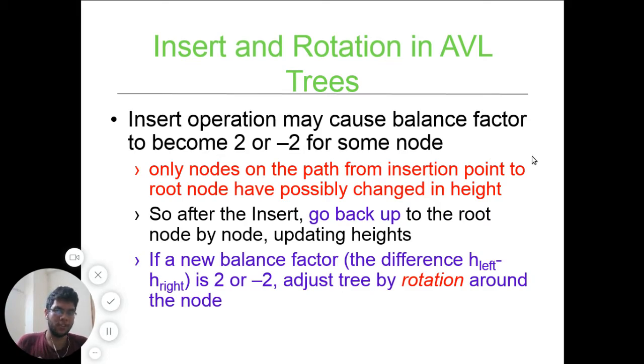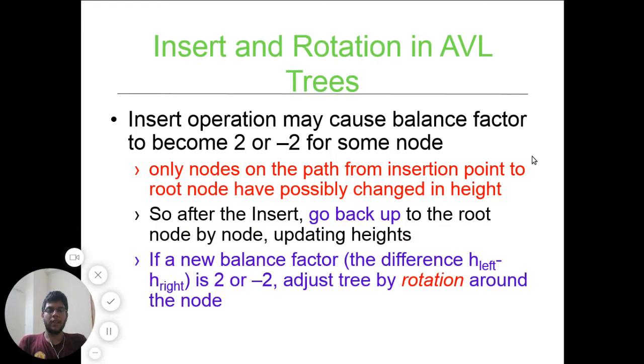Only nodes on the path from the insertion point to the root node have possibly changed in height. That's the argument why it will be 2 or minus 2, no other number, if at all they get disbalanced. So after the insert, we should go back up to the root node by node, updating heights.